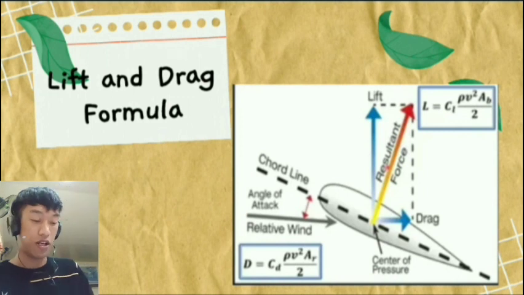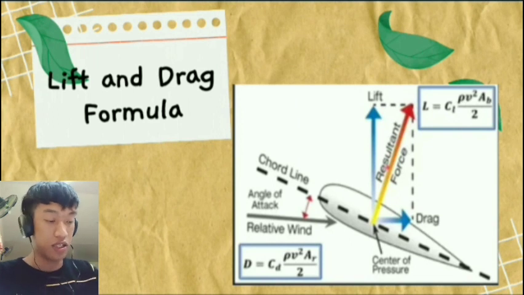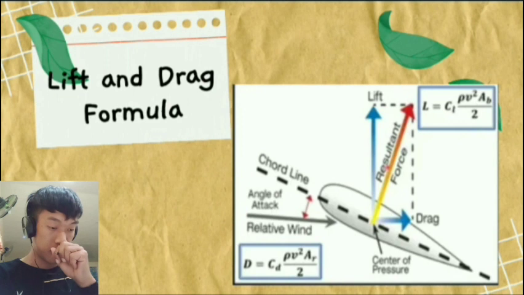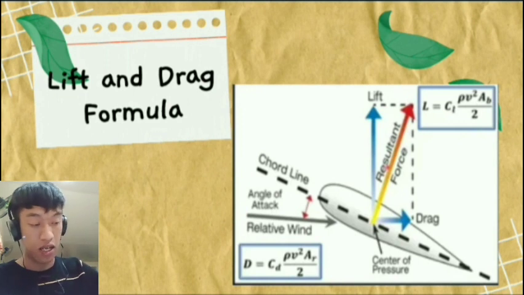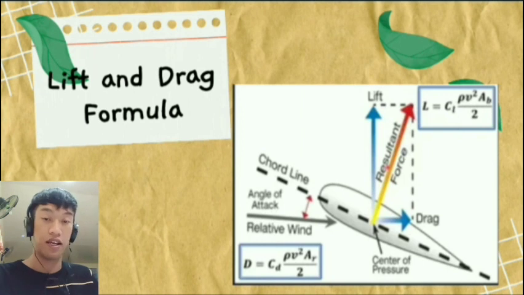So, meron pang formula para naman sa drag force. Ito naman, makikita natin, CD is equivalent sa coefficient of drag. So, halos pareho lamang sila, pero kung titingnan natin, yung dulong part ay naging AR na. Yung AR na yan ay ibig sabihin lamang po is reference area.